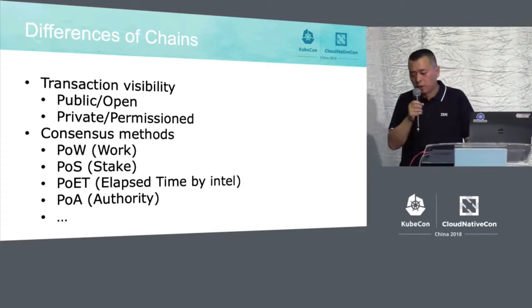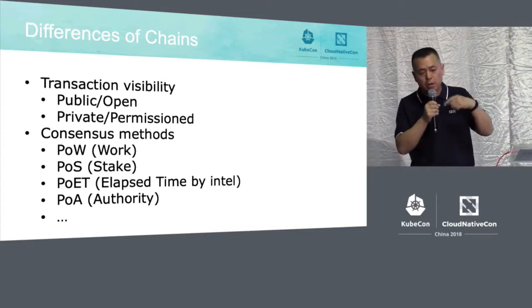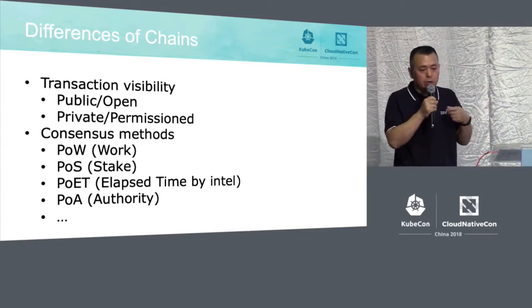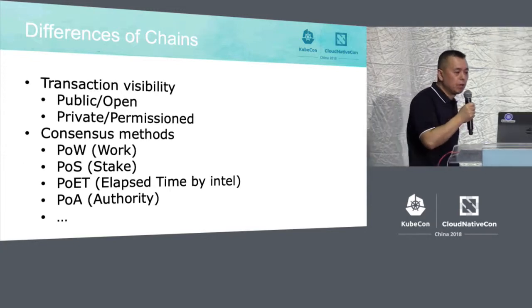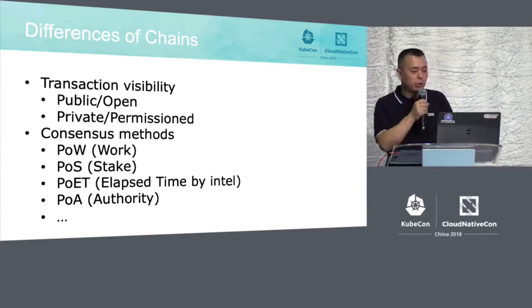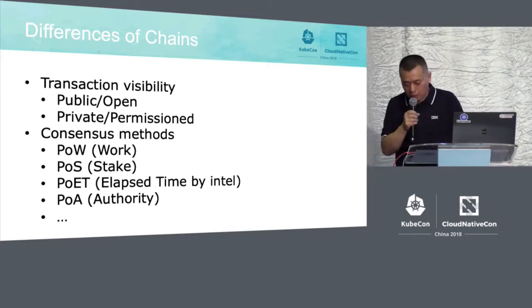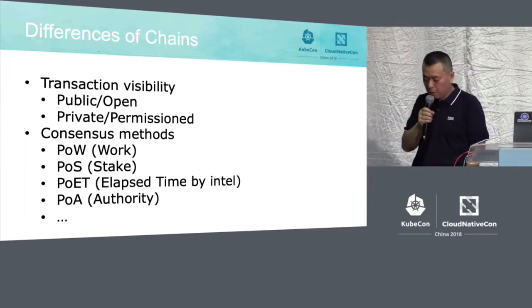So actually, I asked this question. If you look at all the blockchain technologies, the way that people put the transaction on the ledger, there are so many different consensus methods you can use. The most popular is probably proof of work. There are some other ways like proof of stake, proof of elapsed time, and proof of authority.